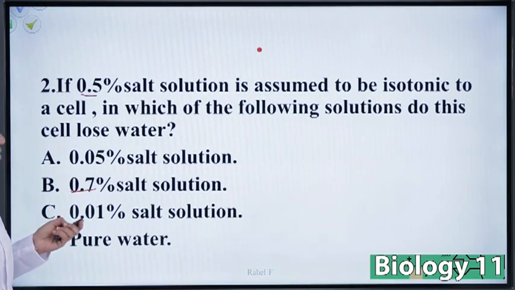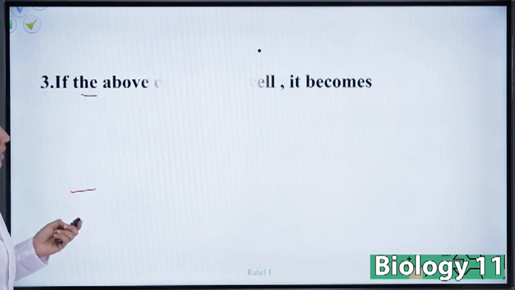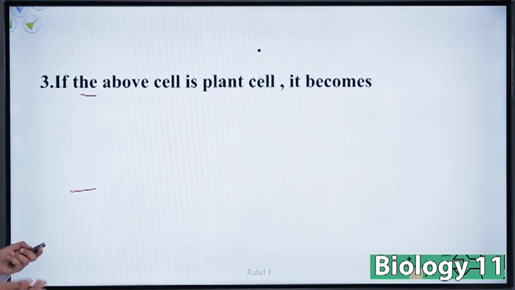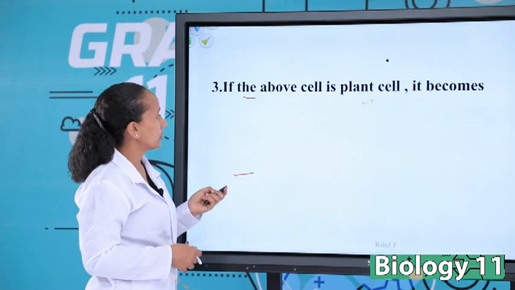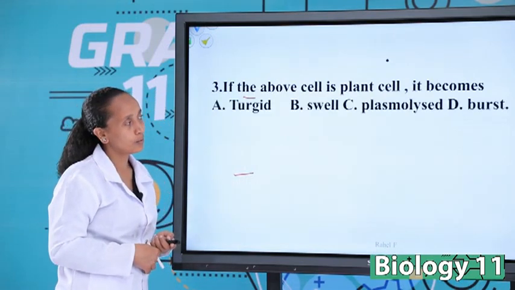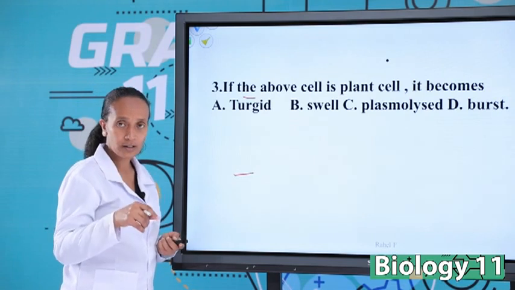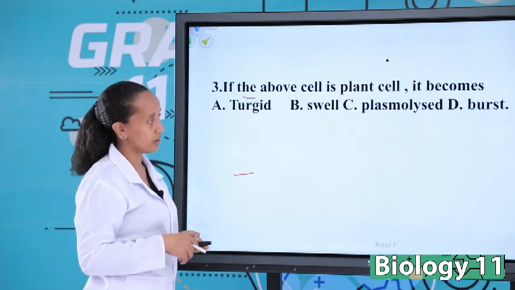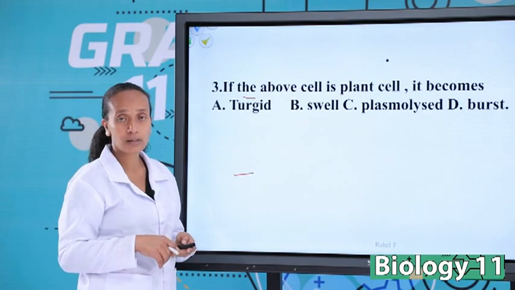So if this cell is a plant cell, what will happen to the cell? You have choices, so you can answer this within 50 seconds. I will expect the answer within 50 seconds.